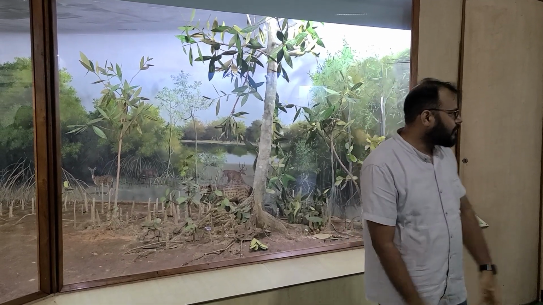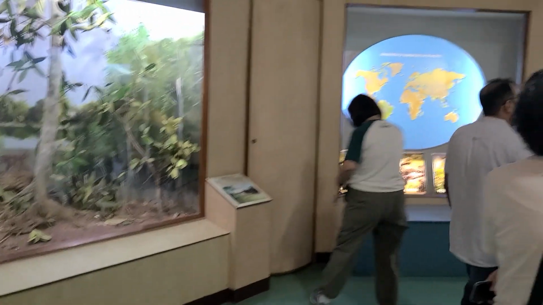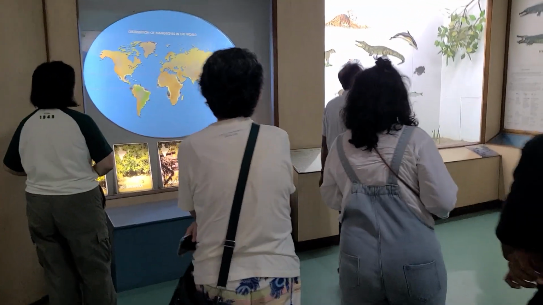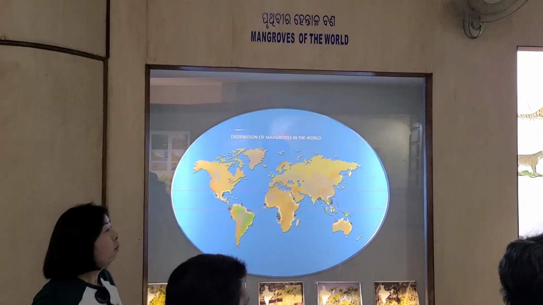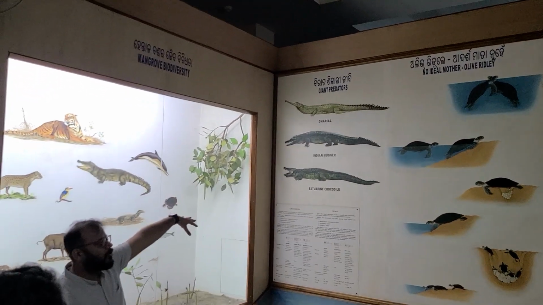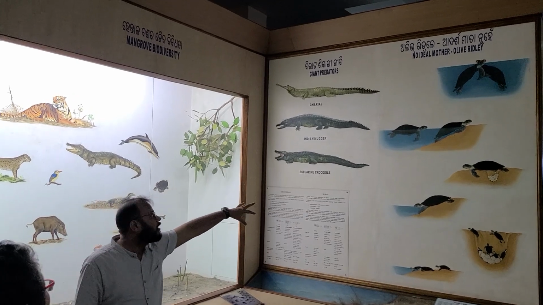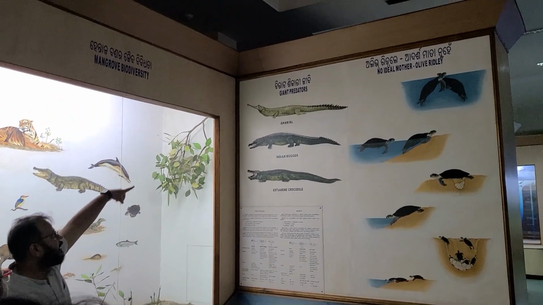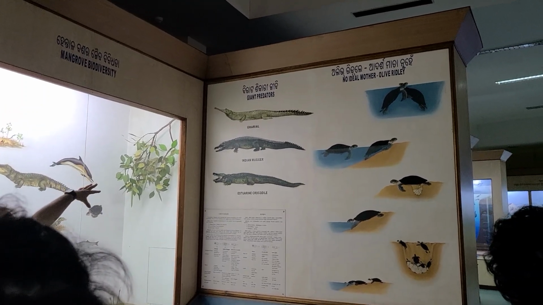Then we have this very important exhibit, in which you can see that in India there are 3 types of crocodiles found, and Odisha is the only state where all these 3 kinds of crocodiles are found. The first one is called Gharial, or Gavialis is also the other name of the Gharial.